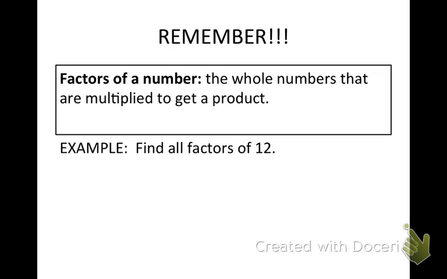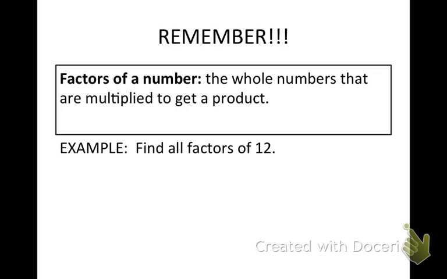So, the factors of a number. What we're looking for is the whole numbers that are multiplied to get a product. Key word here is the word product. Product means when we multiply things together, right?